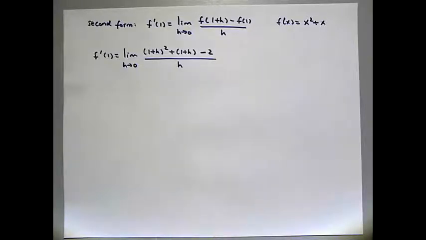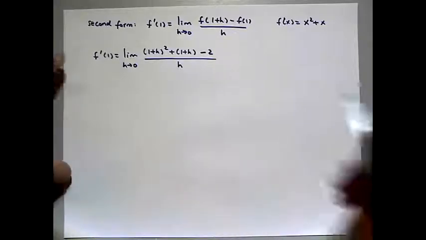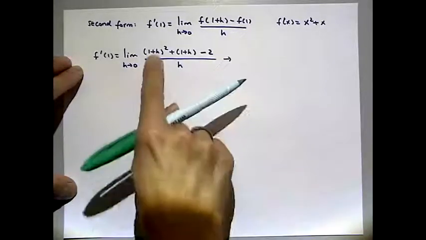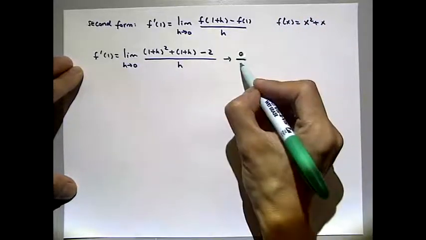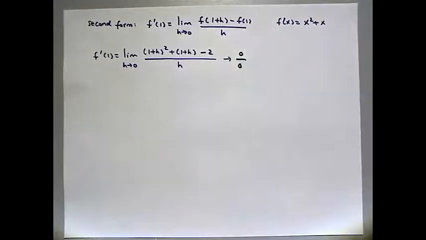And once again, notice that if h were to become exactly equal to 0, this is 1 plus 1 minus 2, that's a 0 over a 0. And again, that's the universal sign that you need to look for something from all of this mess right here that's causing the 0 over 0. Get rid of them somehow.